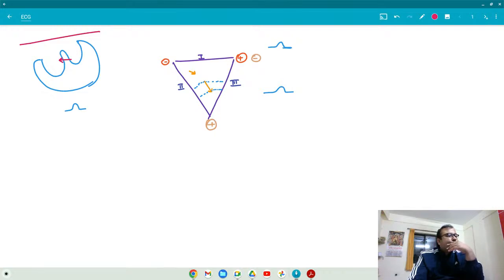For this purpose, keep a pen and paper. So drop a perpendicular. What is the problem in dropping a perpendicular on the axis?